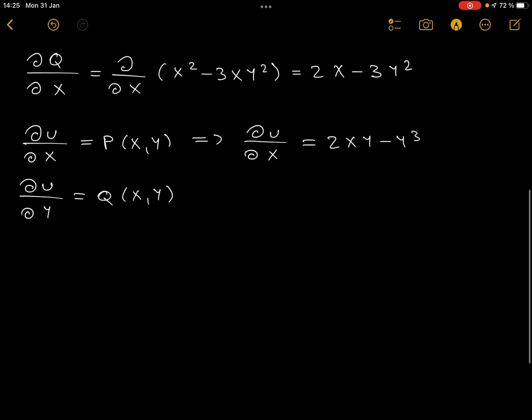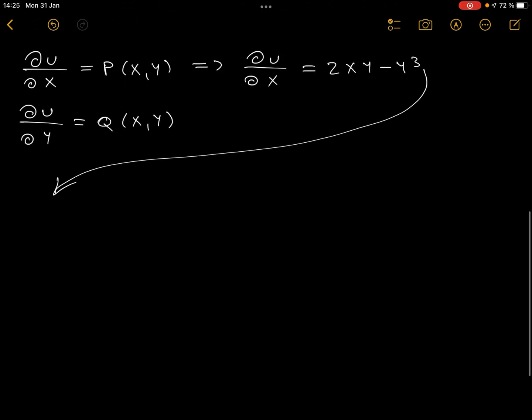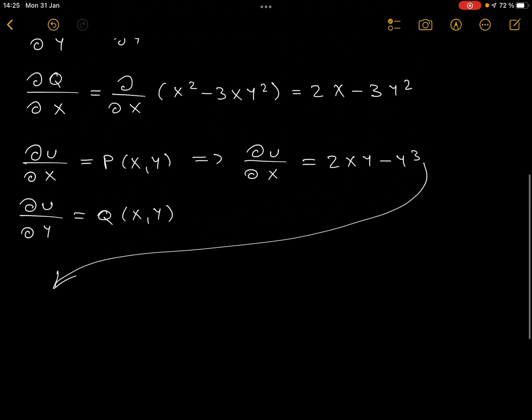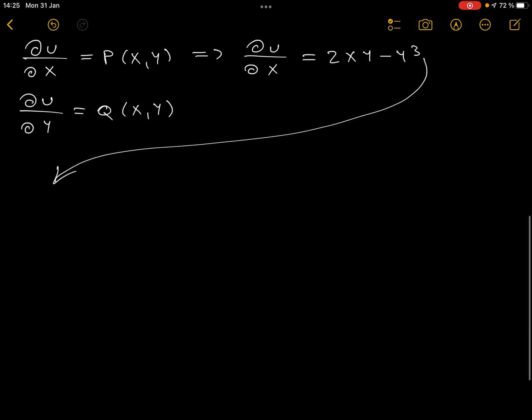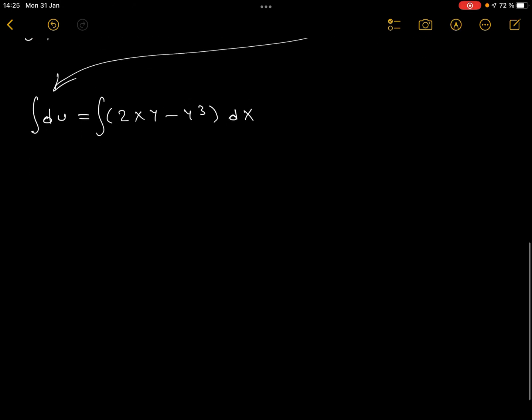From here we get that du is equal to (2xy minus y cubed) dx. Now we'll integrate both sides.